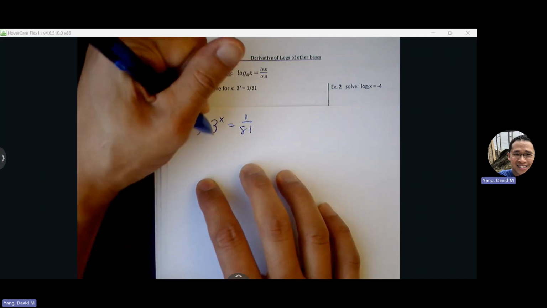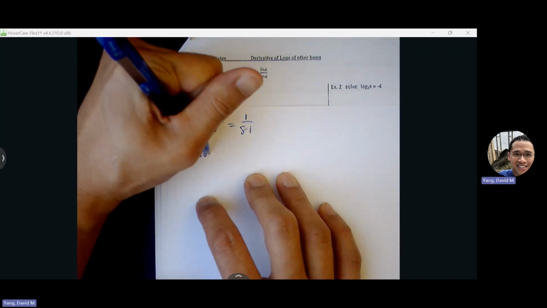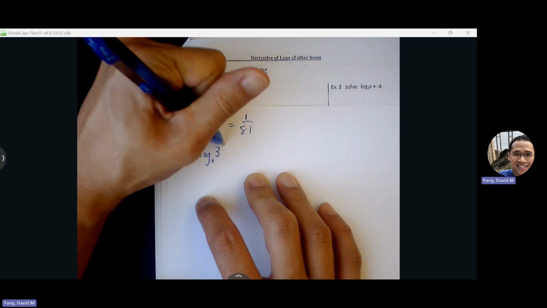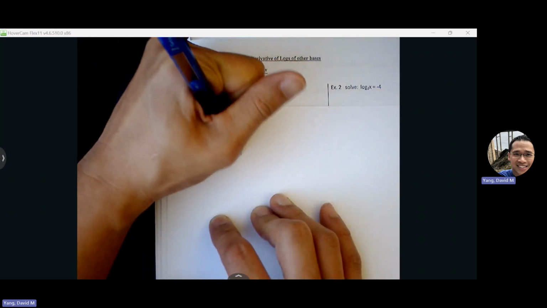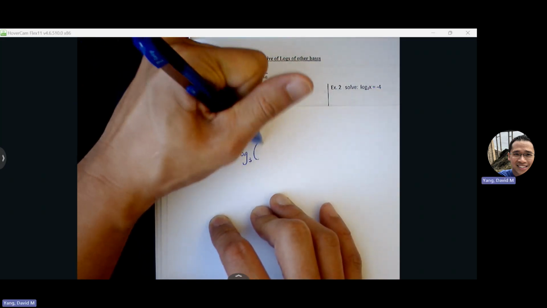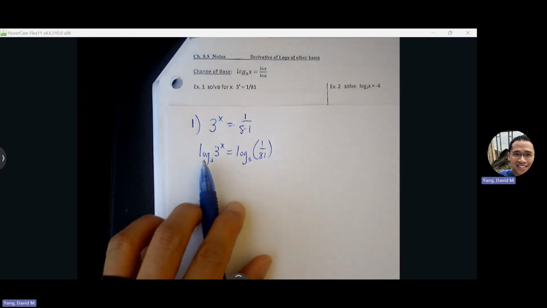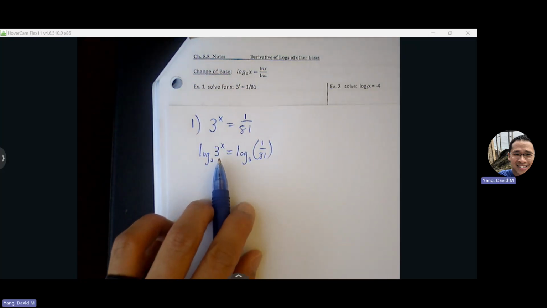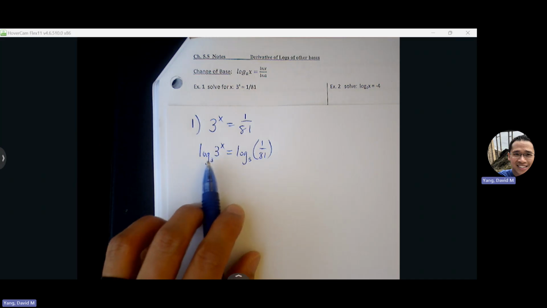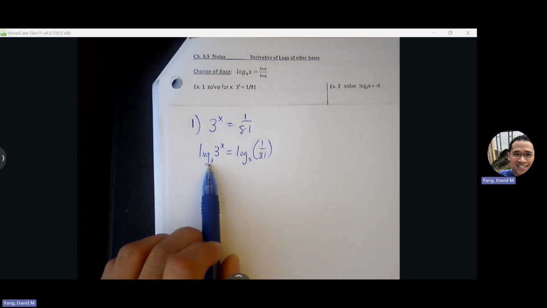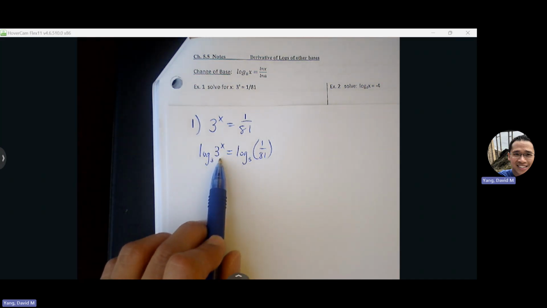So if I do this, log base 3 of 3 to the x is equal to log base 3 of 1 over 81. Just like how natural log and exponential base e cancel each other out, logs of base 3 will cancel out with exponential base 3. Right?